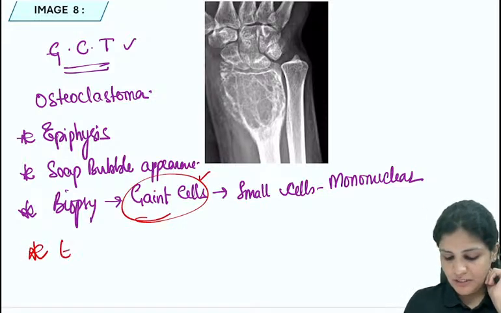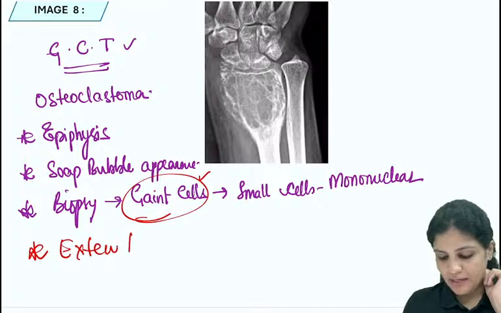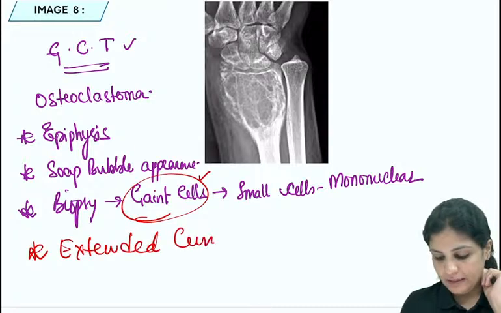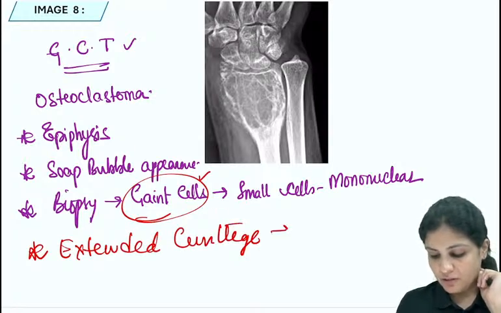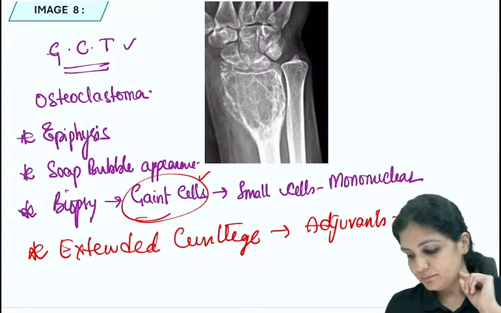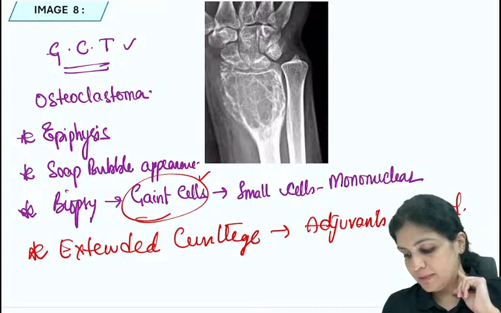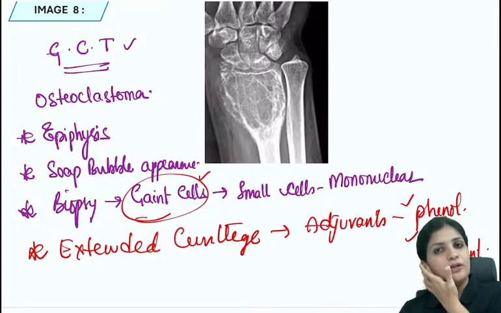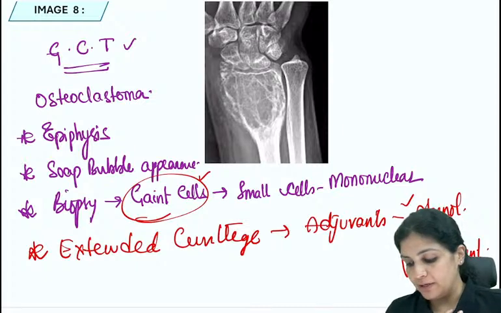And how do you treat it? You treat it by extended curettage, where you use adjuvants like phenol, bone cement, right? So phenol, bone cement, these all you use, or liquid nitrogen.